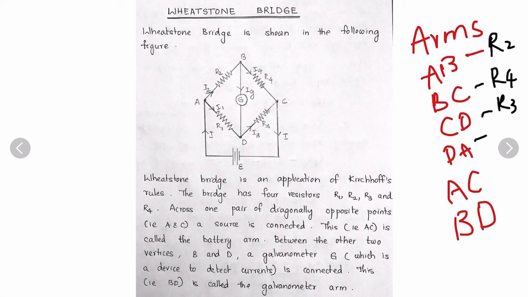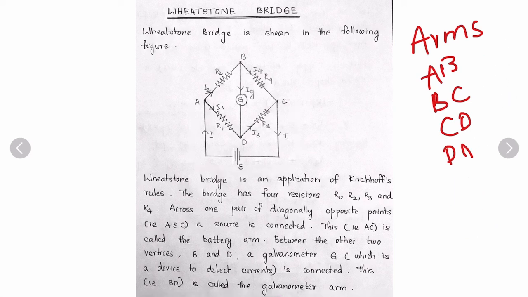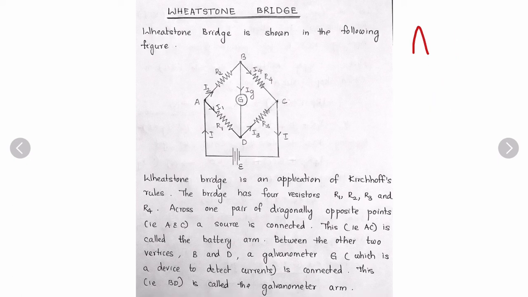What is the galvanometer? A current sensitive device. Just like a meter, a speedometer, or the different meters, they measure different things. To measure the speed we have a speedometer. To measure the current we have an ammeter. To measure the voltage we have the voltmeter. Like that we have so many meters.